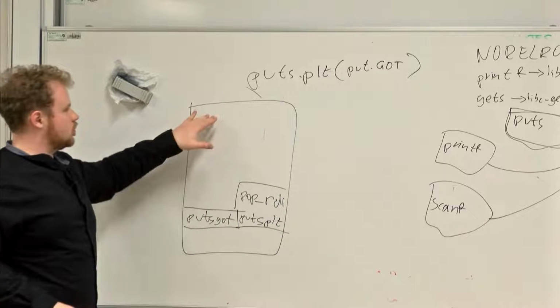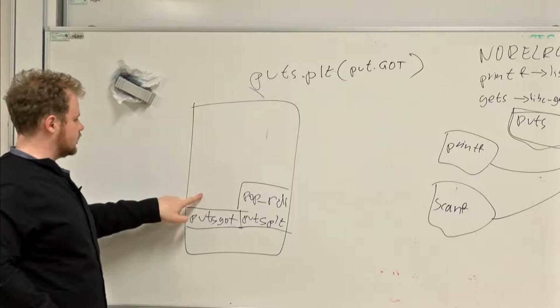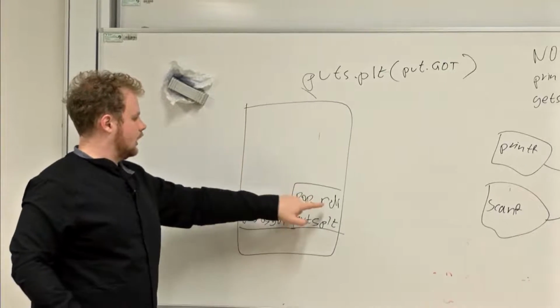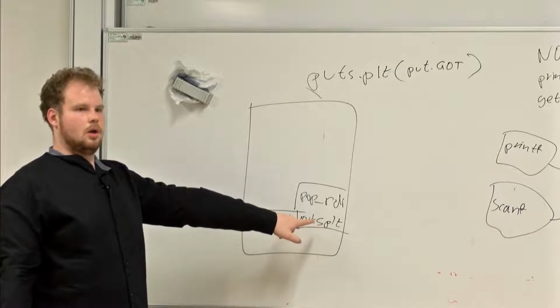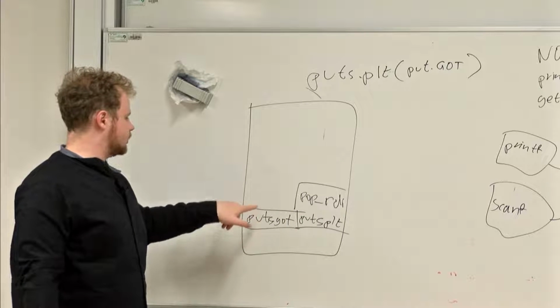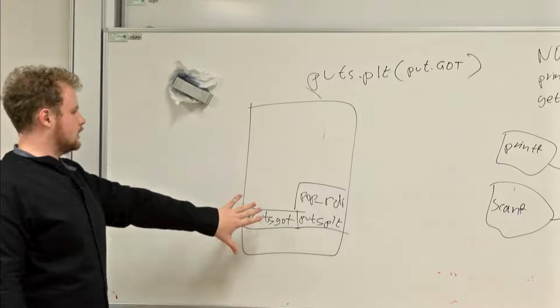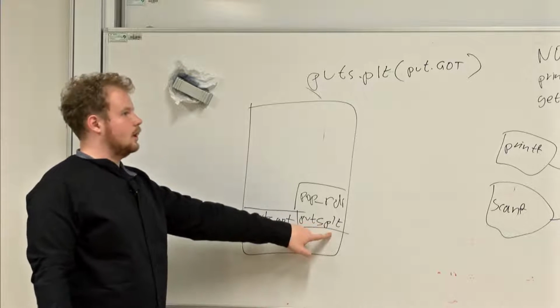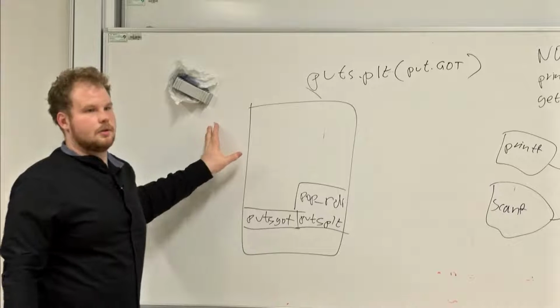When the main function in that scenario finishes, it will pop puts.got into RDI, and it will call puts at PLT. Great. At this exact moment, after puts finishes, of course, the address will be printed onto standard out.